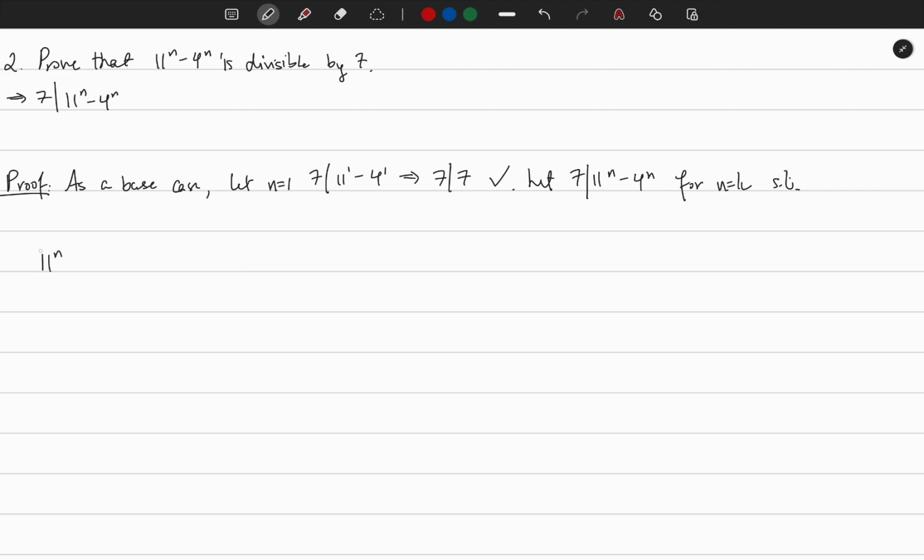Well, let's see that 11 to the k plus 1th power minus 4 to the k plus 1th power, we can see that, if we split up the exponents like we did in the previous problem, we get 11 times 11^k minus 4 times 4 to the k.